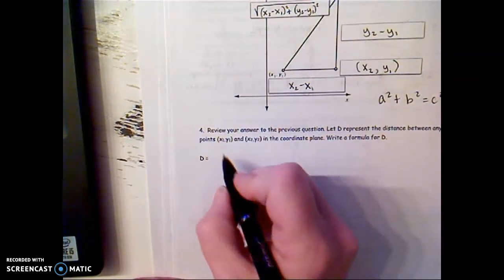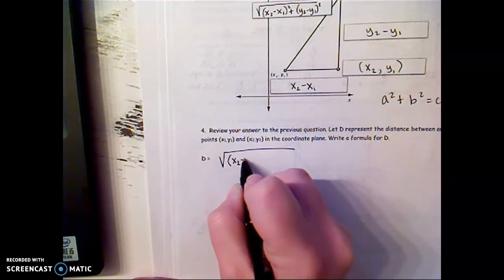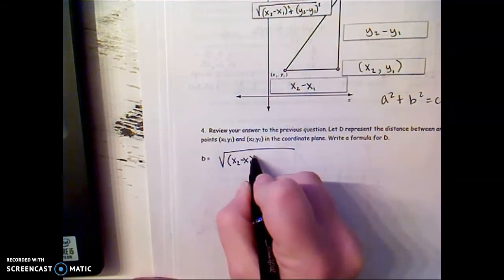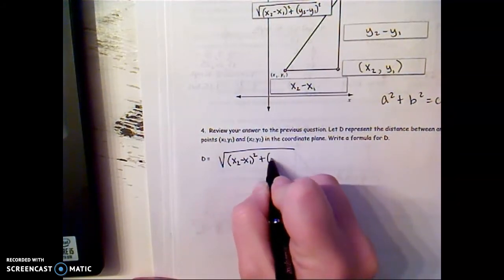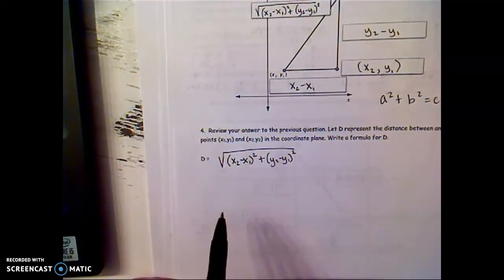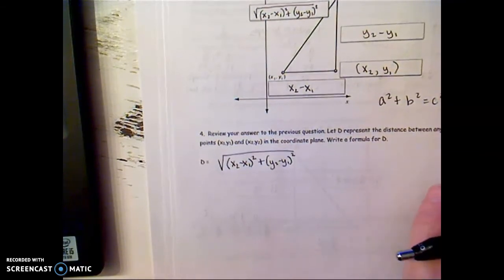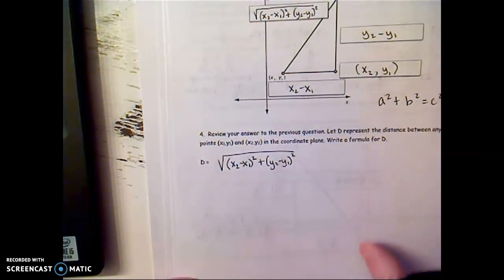And the distance formula is simply the square root of the change in x, which is subtraction, squared, plus the change in y, squared. That is the distance formula. And we can see how that was derived using the Pythagorean Theorem. So that's it for the lesson.